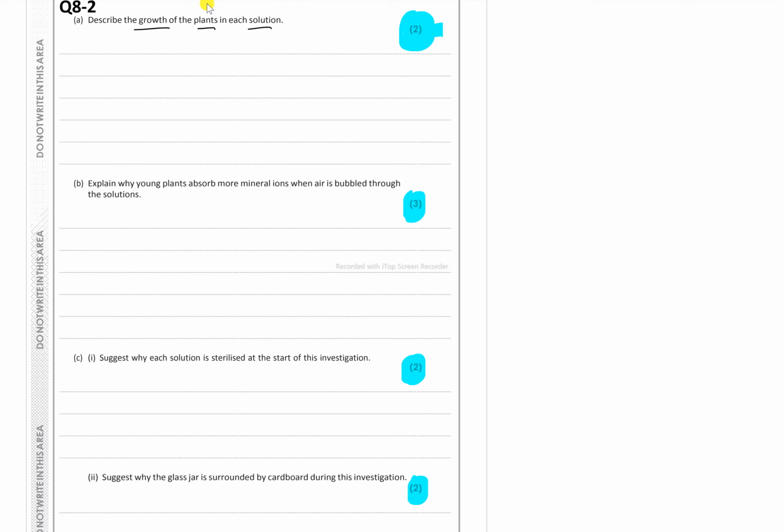So we noticed that with the nitrate ions, the growth was faster. So they both started growing, but the growth was faster.